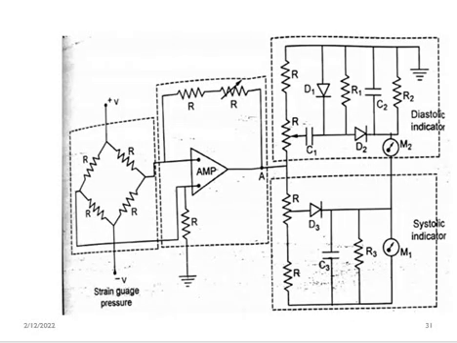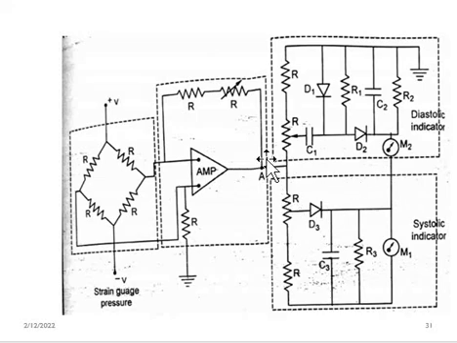In the case of direct measurement, the electrical output from the catheter tip is given to this bridge circuit, and the output is connected to the amplifier. Here we can find a diastolic indicator and a systolic indicator.